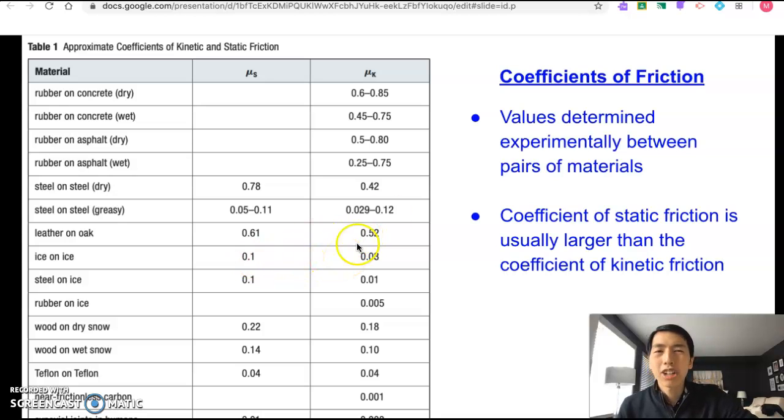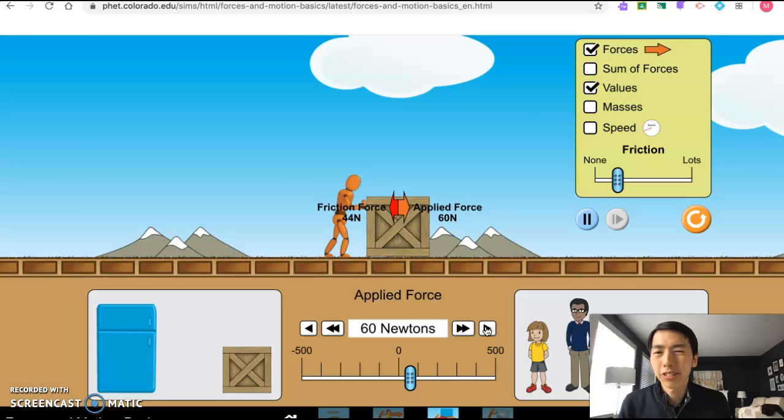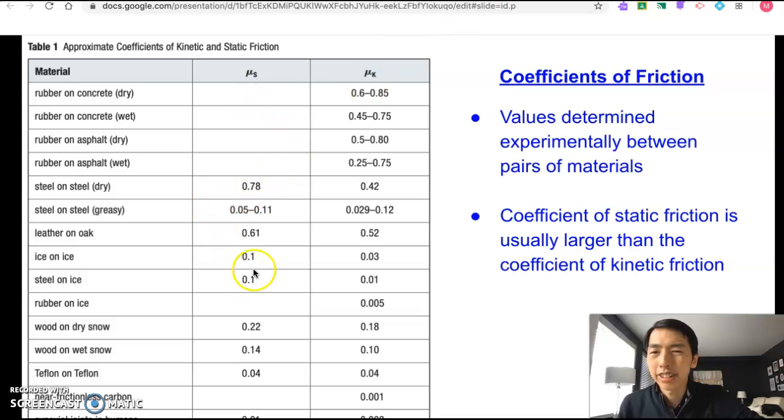All right, and that's actually why there's a sudden drop with this example. Okay, so the static value is higher, so the static value went all the way up to 59, but as soon as it became kinetic, it dropped down to 44. Okay, so you will find that the static value is usually higher than the kinetic value.